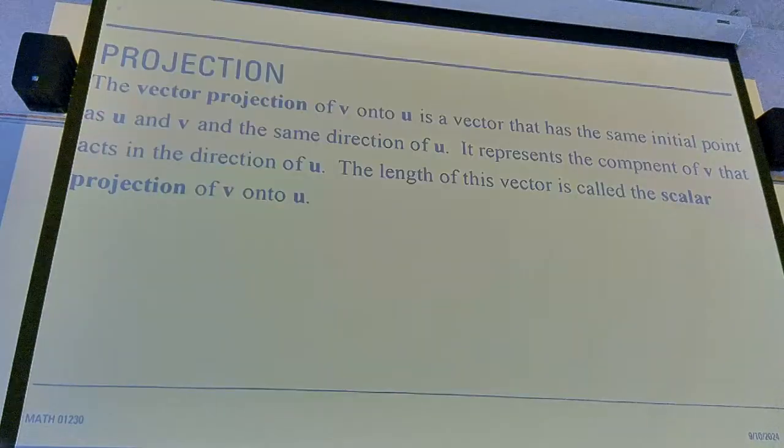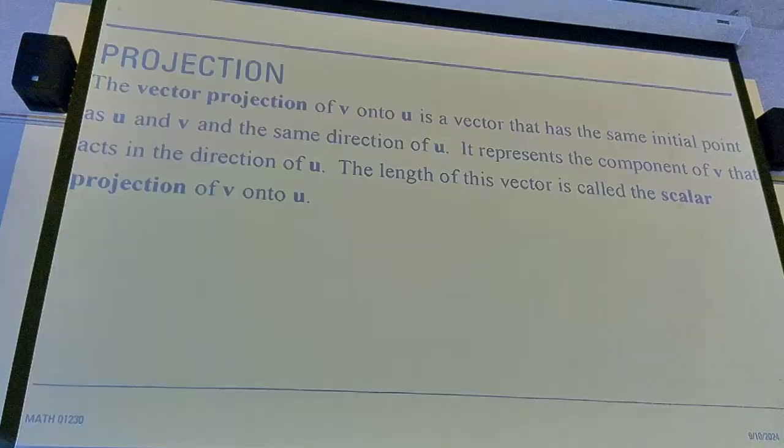The vector projection of v onto u is a vector that has the same initial point as u and v, and the same direction as u. It represents the component of v that acts in the direction of u.